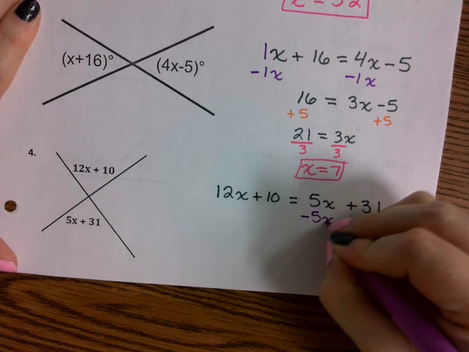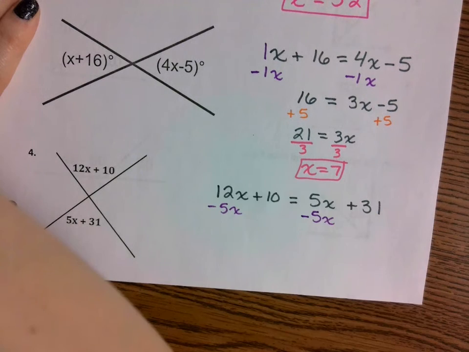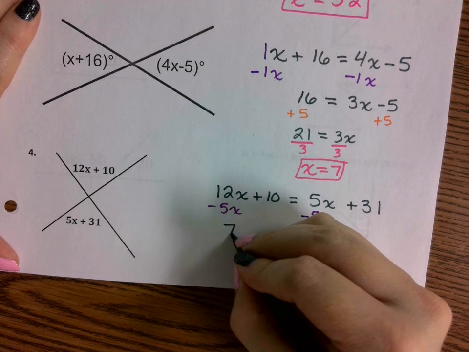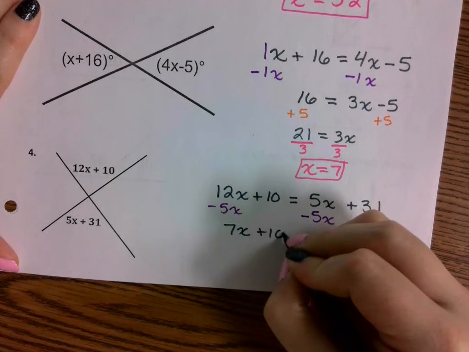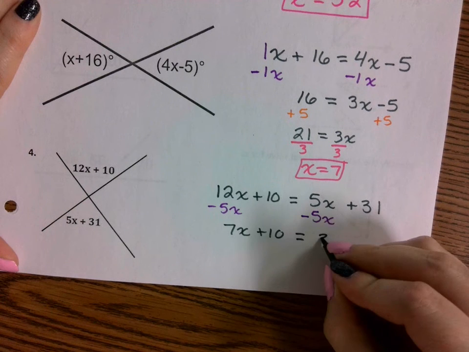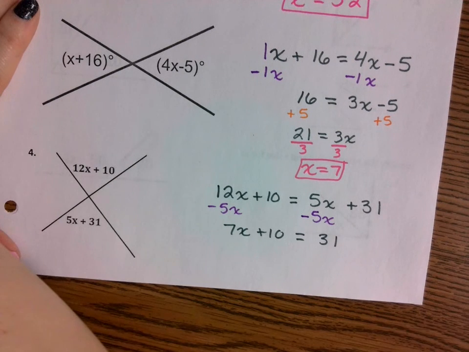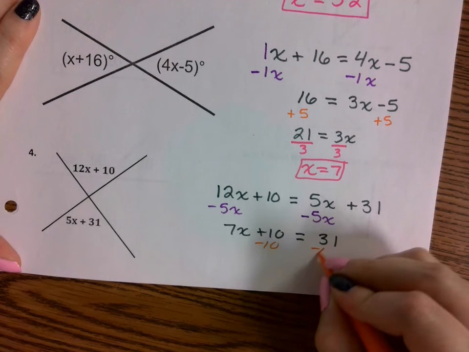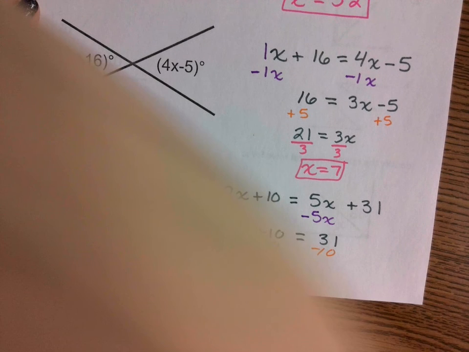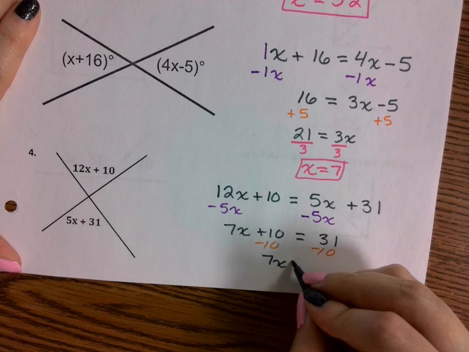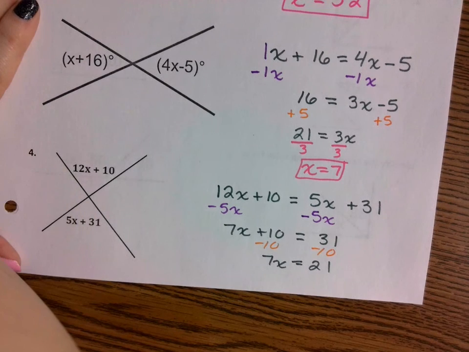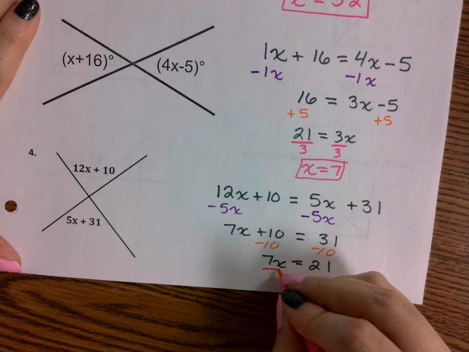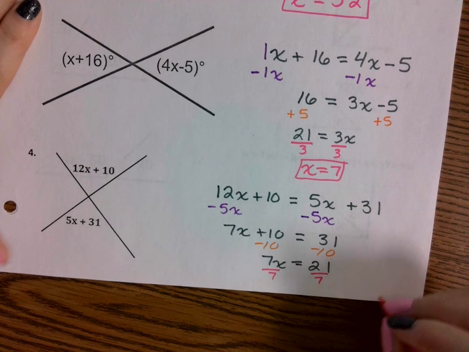That's going to give us 7x plus 10 is equal to a positive 31. Next step. Subtract 10 from both sides. That gives us 7x is equal to 21. Last step, divide by 7. Okay, we'll get x is equal to 3.